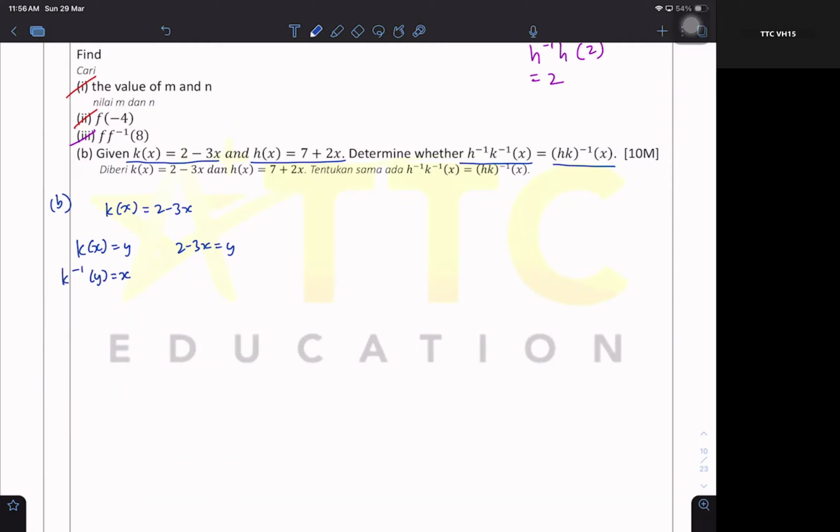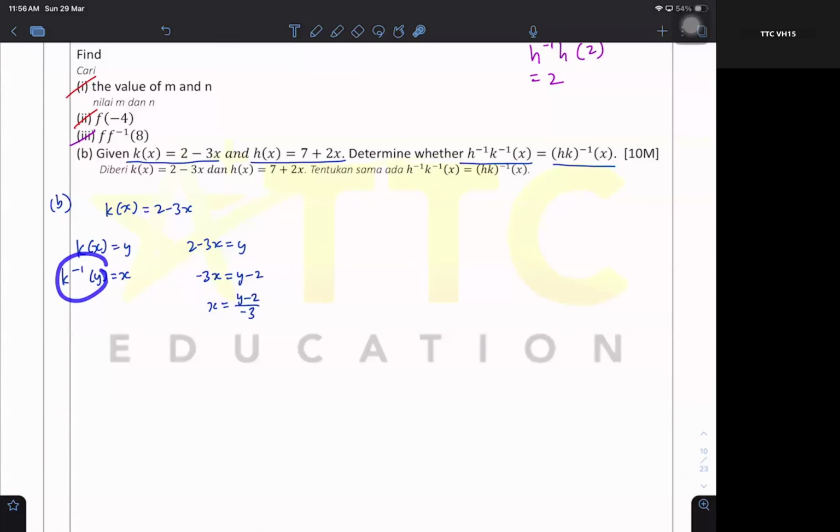So k inverse. This part, your job is to find x. So 2 bring over, minus 2. Times bring over become divide. y minus 2 over negative 3. Then once you found the x, nice.